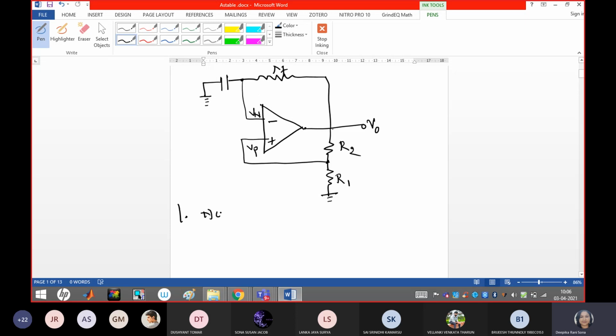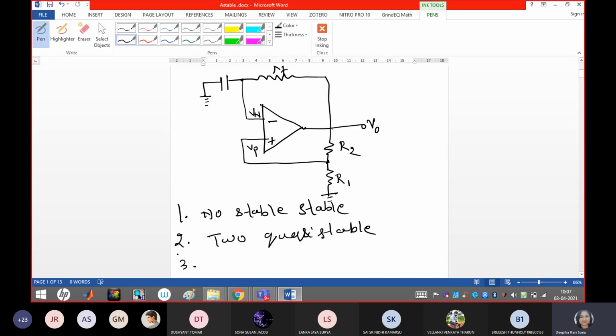Short form only I am writing, guys. No stable states. It means the voltage cannot stay at any fixed level indefinitely. Then it shows two quasi-stable states.